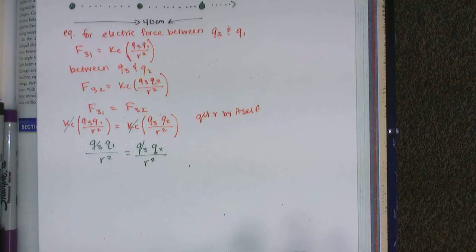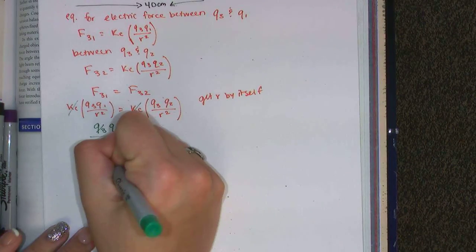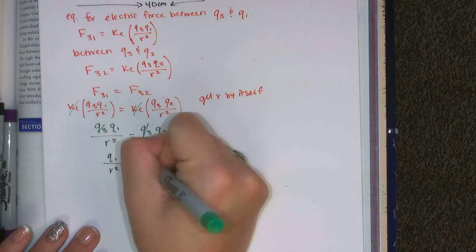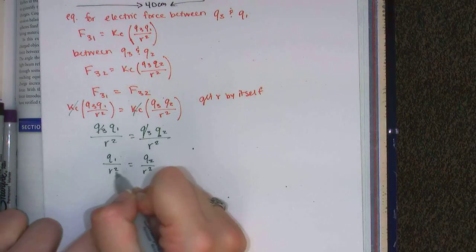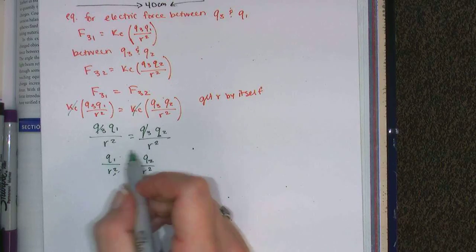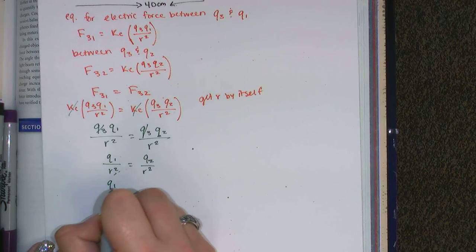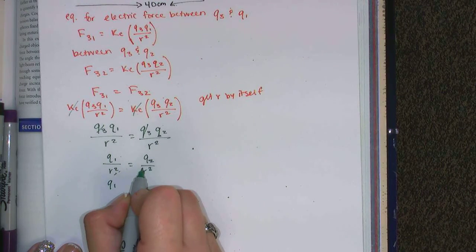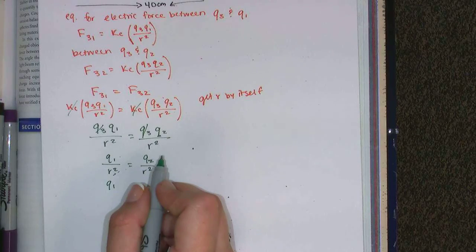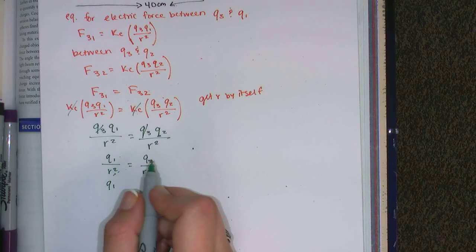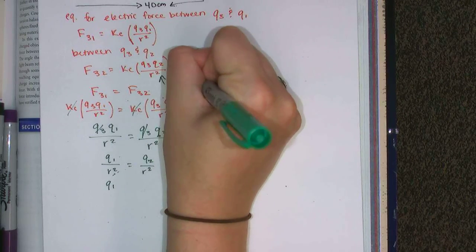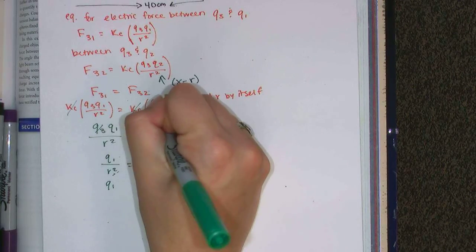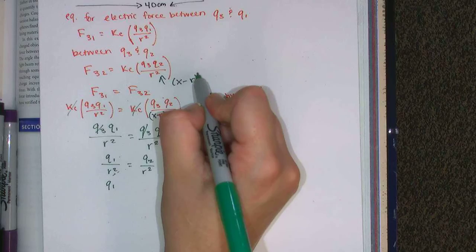Alright, so then this leaves me with Q1 over R squared is equal to Q2 over R squared. So I can swap these two here, giving me Q1, or wait. Sorry guys, I messed up and forgot. This is supposed to be up here. This one should actually be X minus R. So this should be X minus R, and then this whole thing is squared.